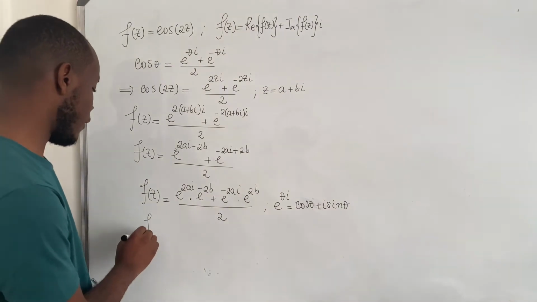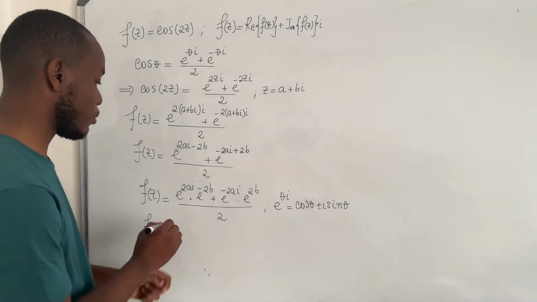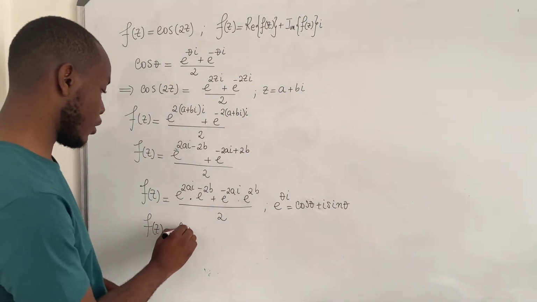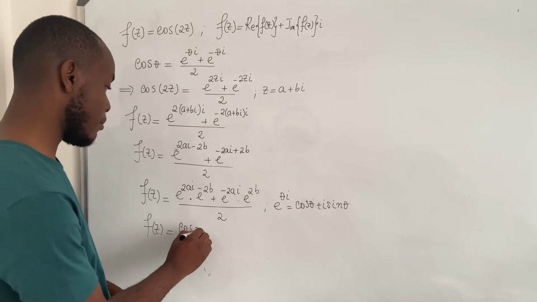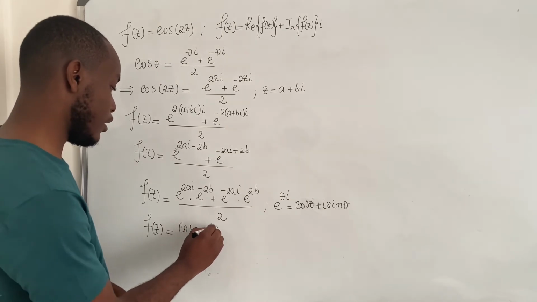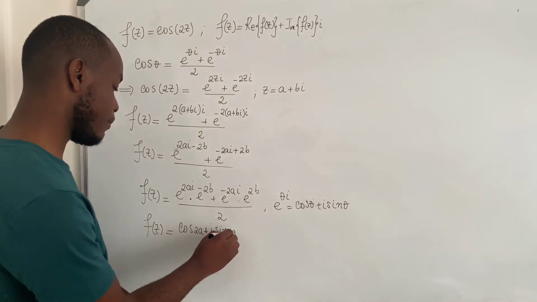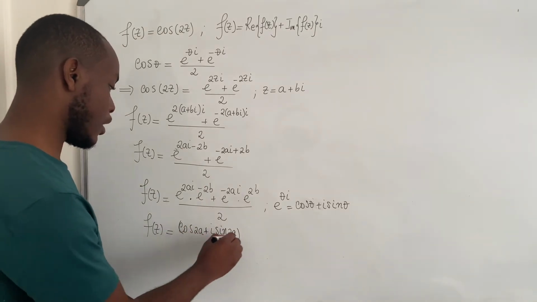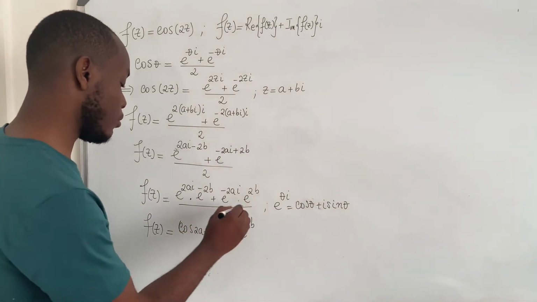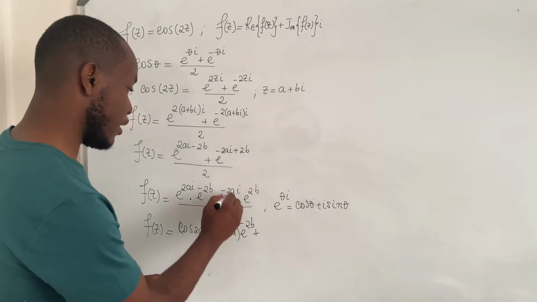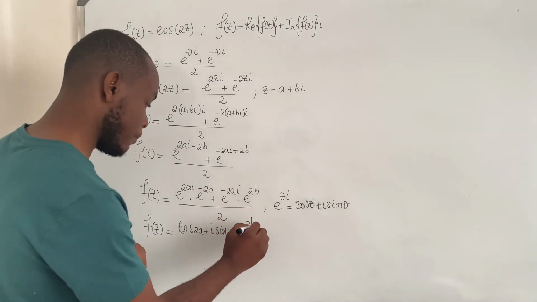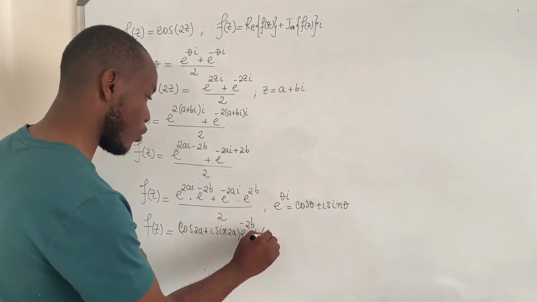So f of z is going to be equal to, if we apply here, cos of 2a plus i sine of 2a, times e to the power minus 2b, plus the same approach here. So what are we going to have? We're going to have cos.